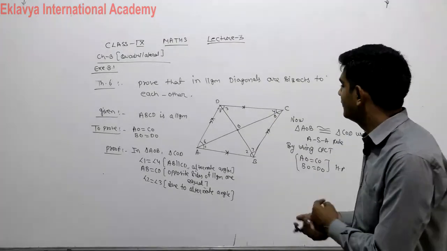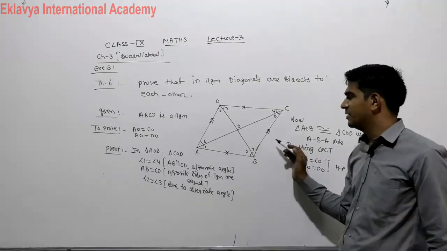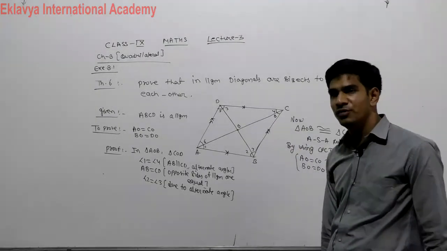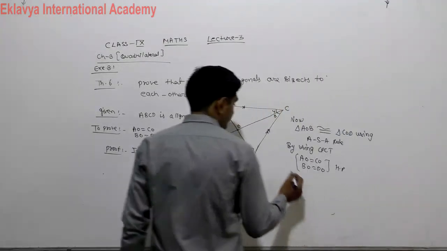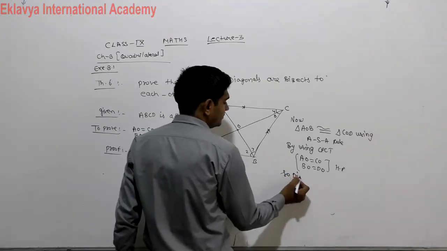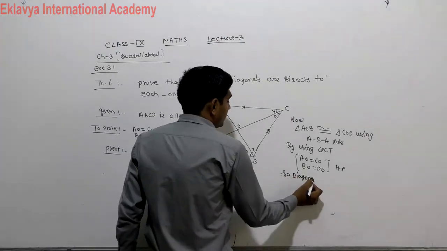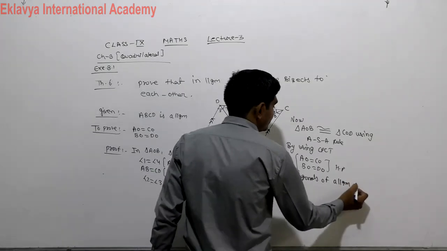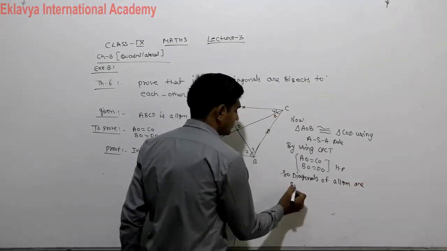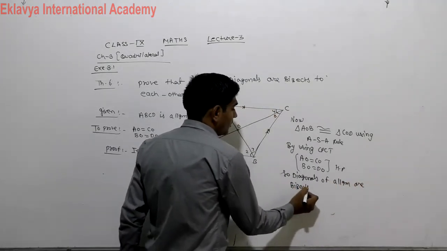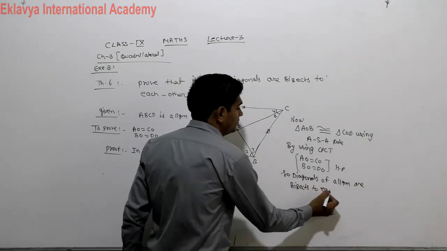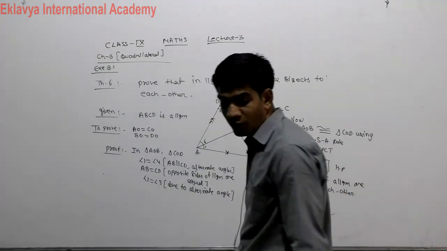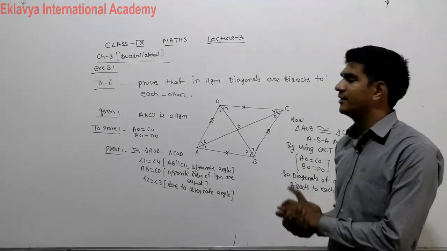After proving that these two triangles are congruent, by using CPCT, AO is equal to OC and BO is equal to DO. So hence, diagonals of a parallelogram bisect each other.